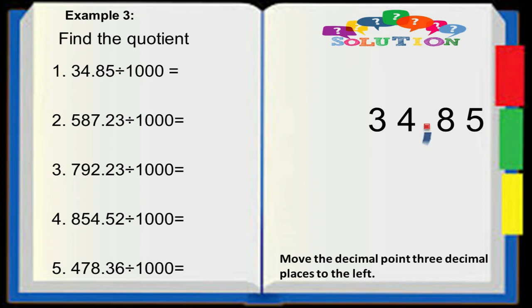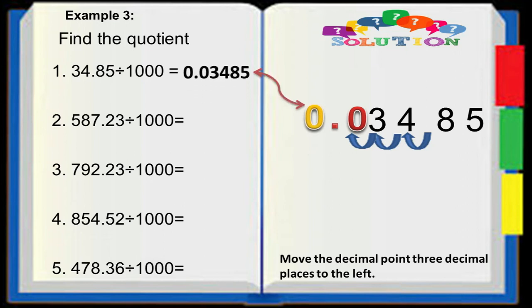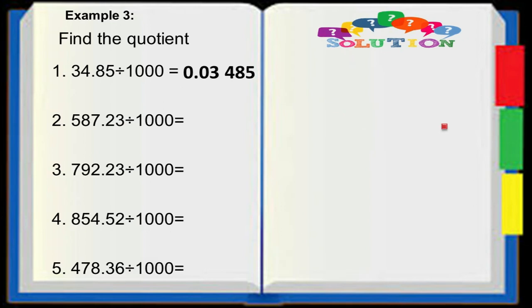So, 1 and 2, right 0, 3, move the decimal point here, right 0. The answer is 3,485 hundredths.